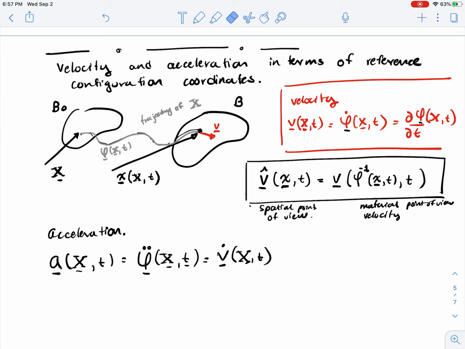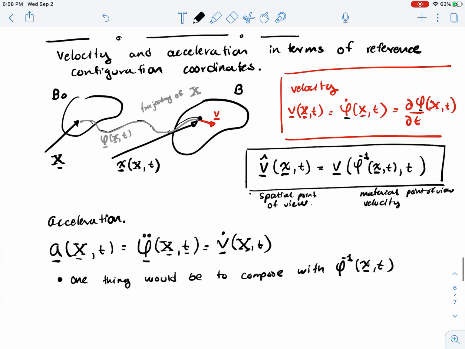So that is the acceleration, but again, note that this acceleration is in terms of the capital X. So what if I want the acceleration in terms of the lowercase x? Yes, one thing that I could do is just do the same as before. So one thing would be to compose with this inverse map.